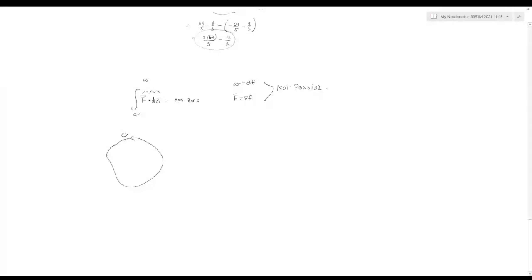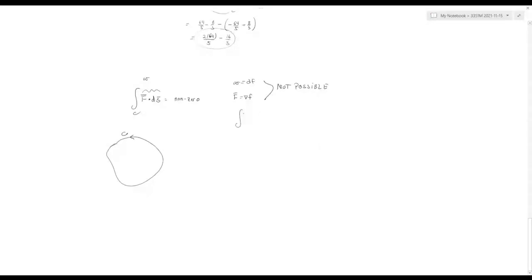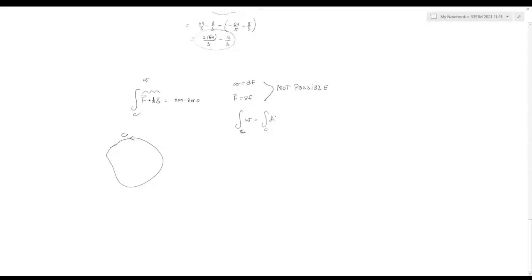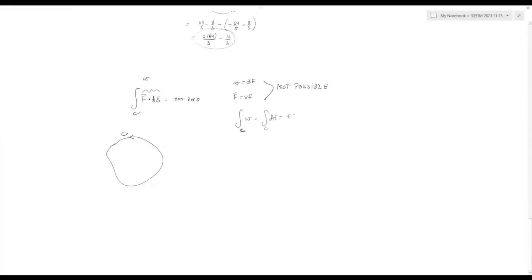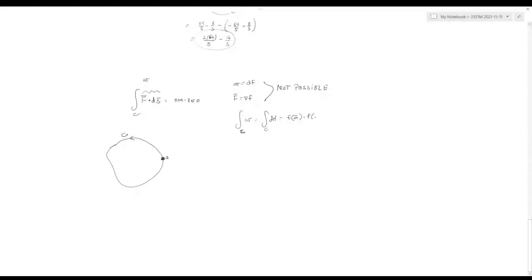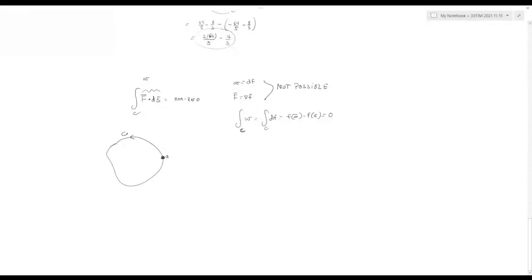because if it were the case, then we can use the fundamental theorem of calculus, and we see that the terminal and starting point are exactly, let's call it A, exactly the same. So you would get 0.